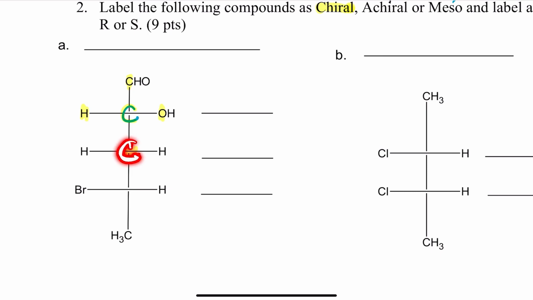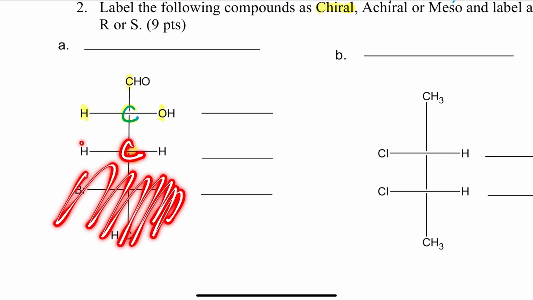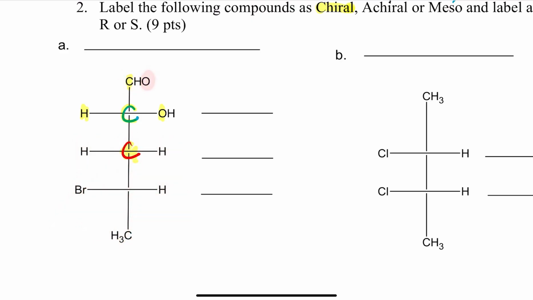If this carbon was connected to, say, this was gone and this was the hydrogen and this was oxygen, then this carbon would also be connected to hydrogen, oxygen, just like this carbon's hydrogen, oxygen. So then it would not be chiral.